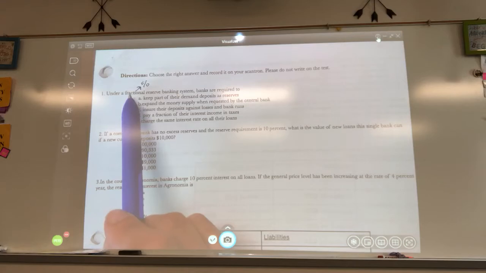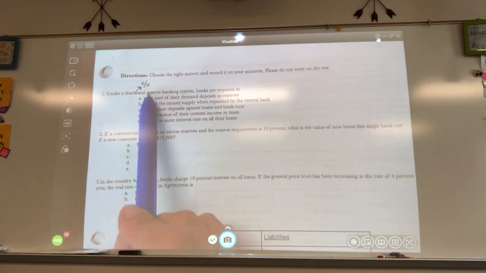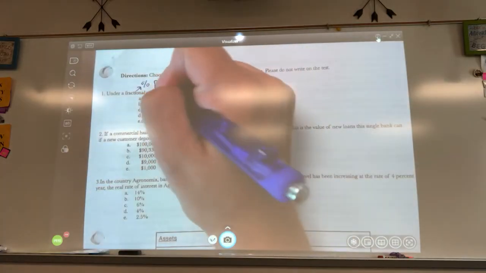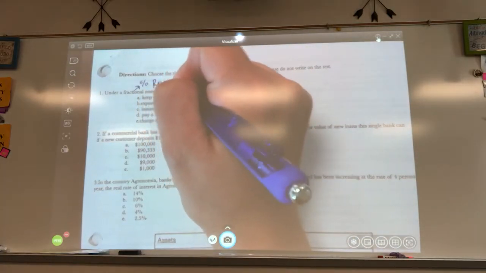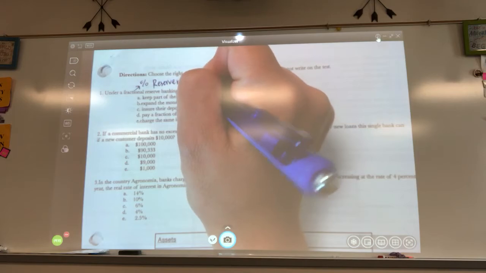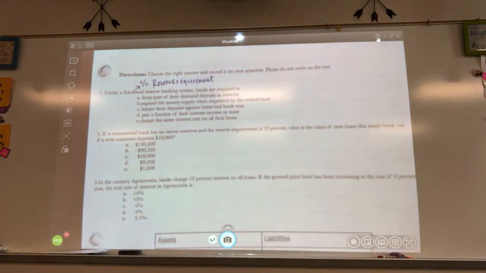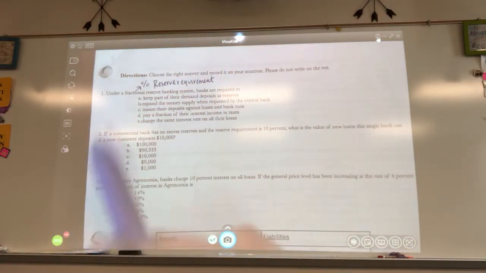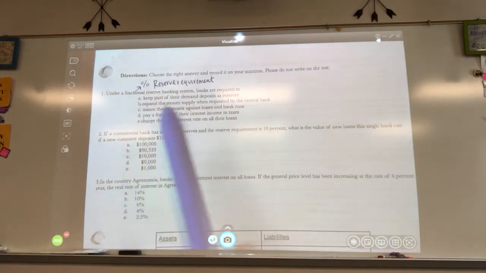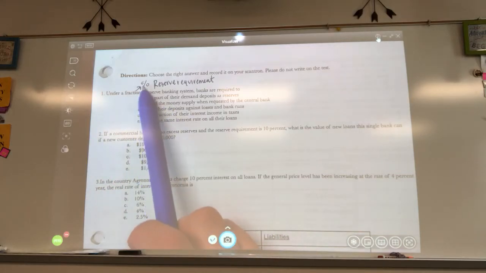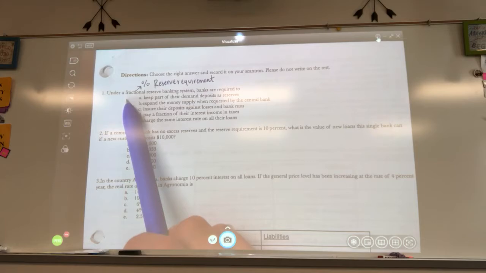We've learned this, where I get a percentage of a reserve. This is the reserve requirement. All this means is reserve requirement. Okay, which it could be called a fractional reserve, because it is the percentage or fraction.